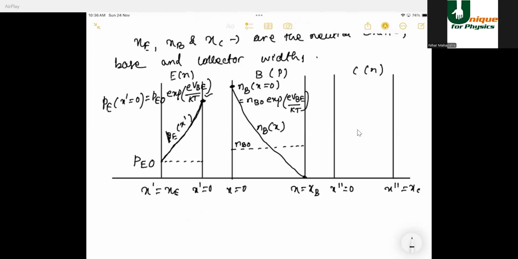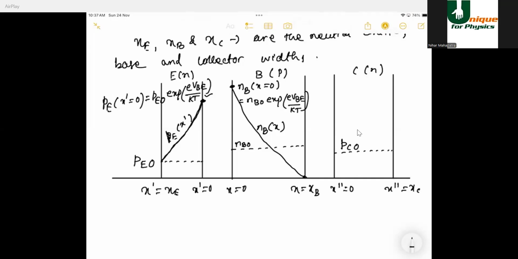And then in the collector region, this is also reverse biased, and the thermal equilibrium minority carrier concentration of holes in this region, let us take as PC0. P is for holes, C for collector region, 0 for thermal equilibrium, or PC0, you can consider that.